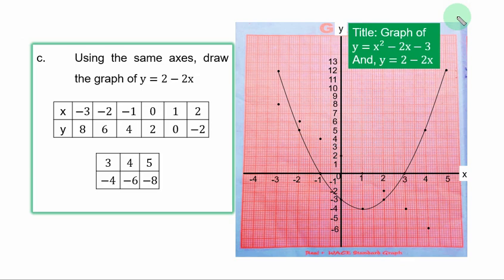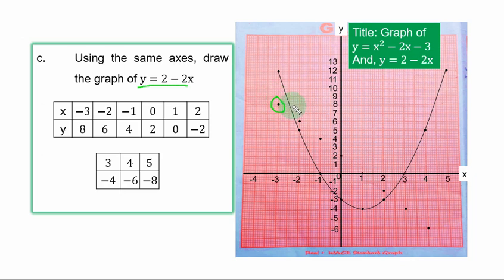We move to C part of the question. You are to plot the linear graph on the same axis. Already the table of values, we have done it earlier, so you bring it in. The first point there, -3, 8. This is the point of intersection.